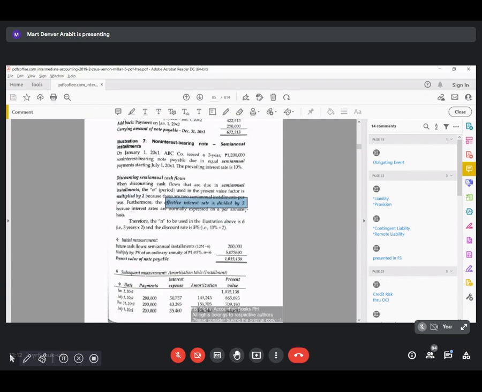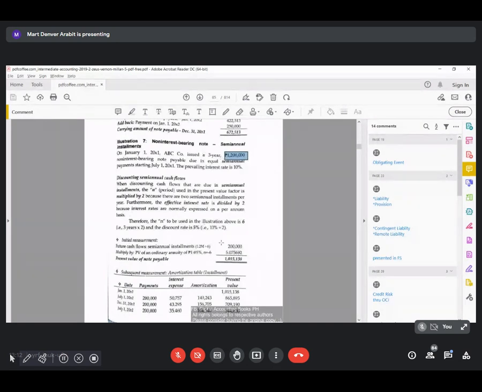So initial measurement, future cash flows of semi-annual installments, 1.2 divided by 6, which is 200,000. So ito yun. The amount of note is 1.2 M payable in 3 years on a semi-annual basis.